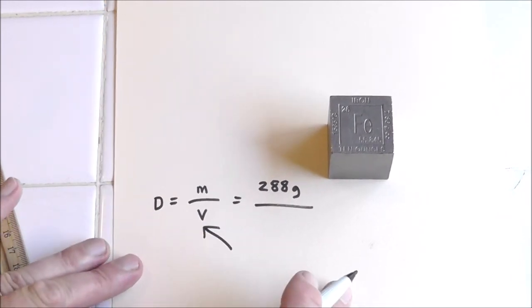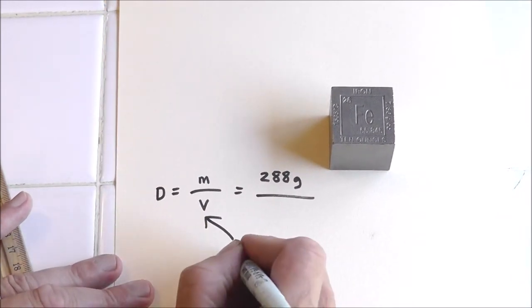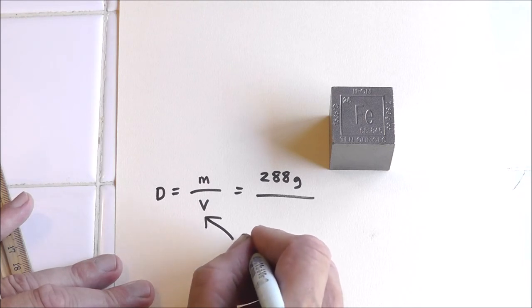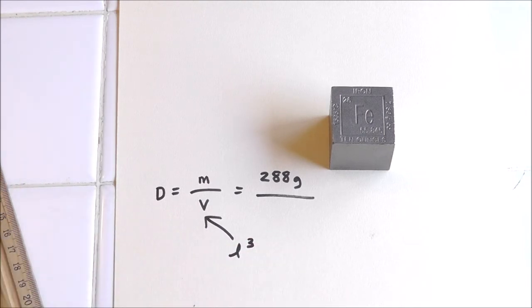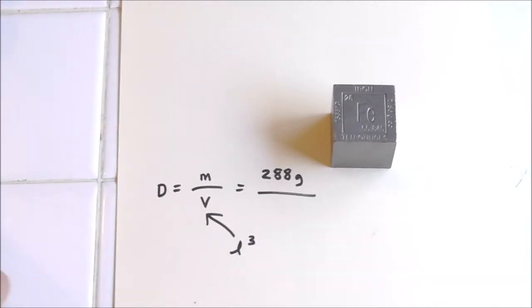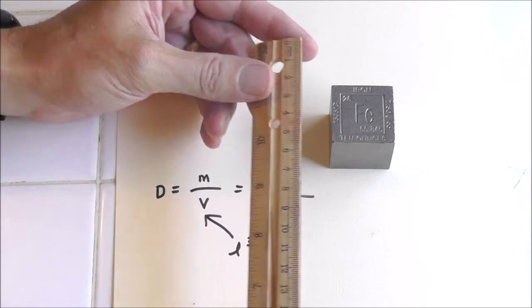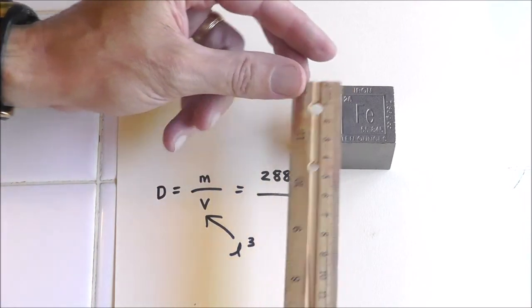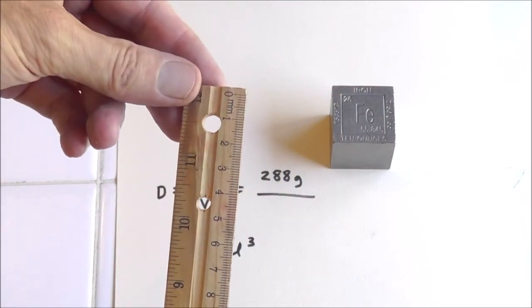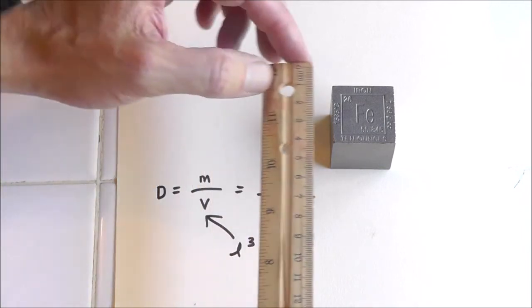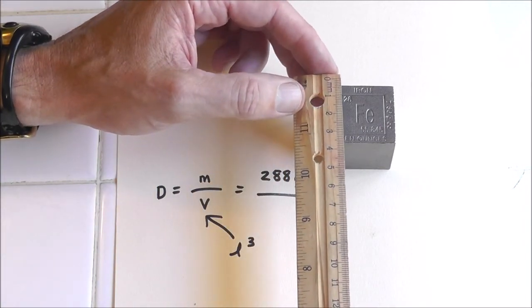Now, if you don't know how to do the volume of a cube, it's real simple. L times itself 3 times. And so what I'm going to do, let's get my glasses on, and to the best of my ability, which might not be good, I'm going to go, oh, you know what, this is a nice ruler too, because it's got the line not on the end where they get rounded off.